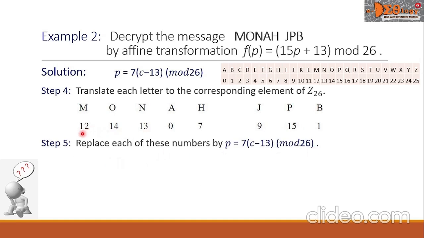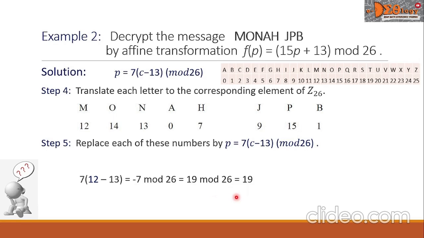Then step 5, replace each of these numbers. Let's begin with the first number, 12. So it becomes like this. 7 times the quantity 12 minus 13. So the answer is negative 7. Then we take the mod 26. Let us convert this negative 7 into its equivalent positive integer. So 26 plus negative 7, we will get 19. Then we write again mod 26.